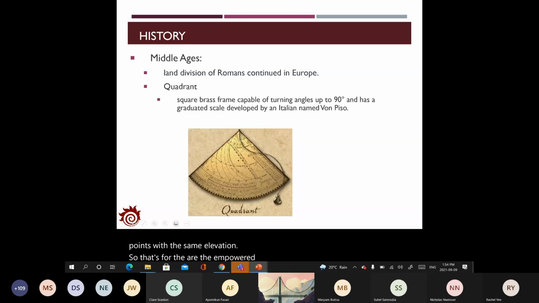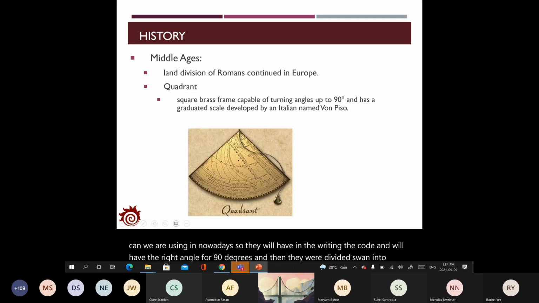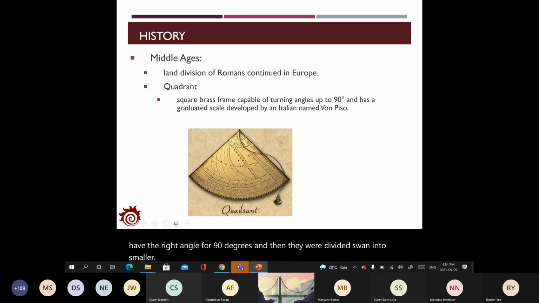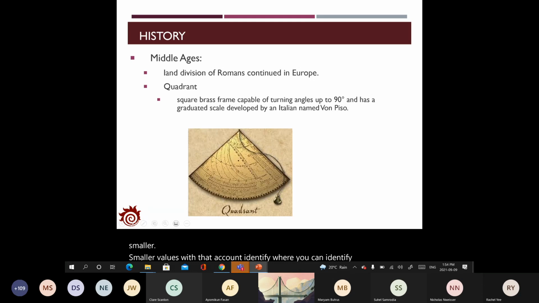In the Middle Ages, this land division technology continued to be applied in Europe, and they developed a new tool called the quadrant, which is quite similar to what we use nowadays. The quadrant has a right angle of 90 degrees, which they divided into smaller values. With that, you can identify angles and directions accurately.